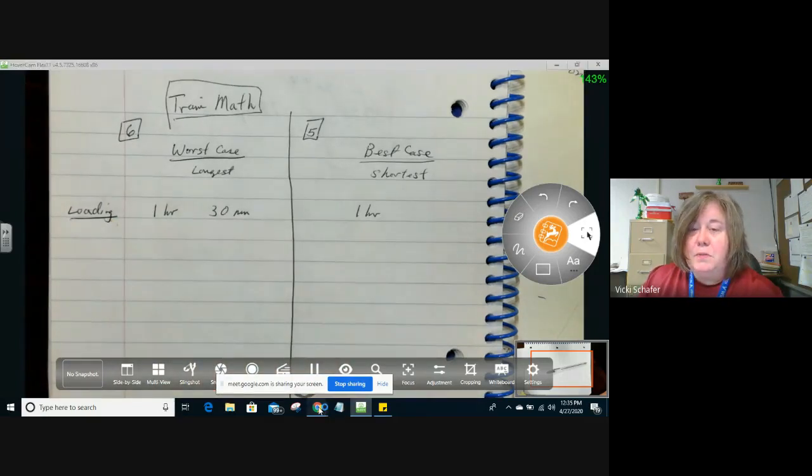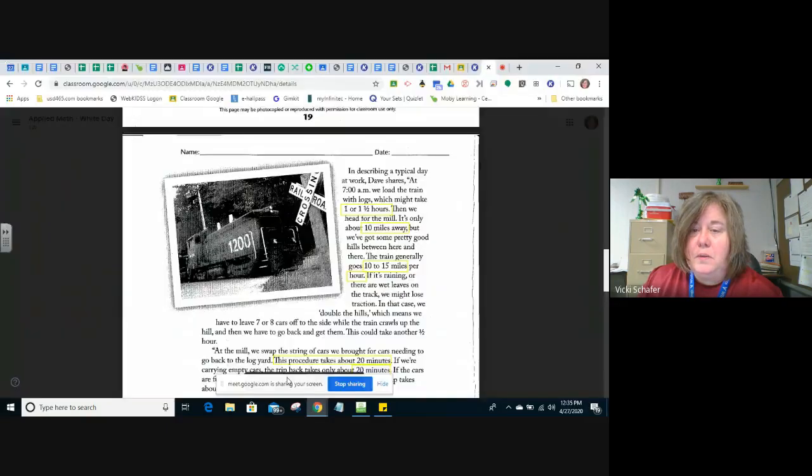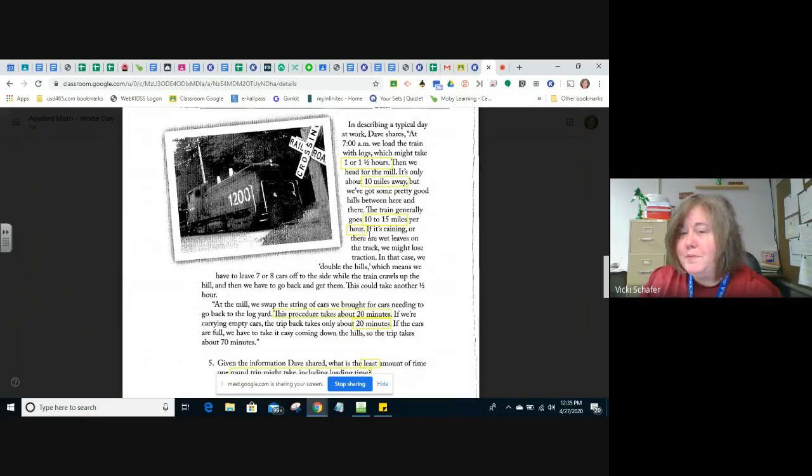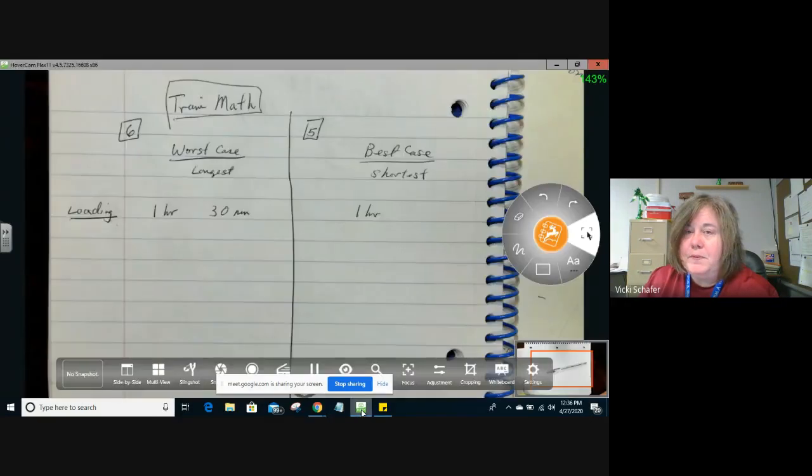All right, let's go back to our problem. Okay, then we head for the mill. It's only about 10 miles away, but we've got some pretty good hills between here and there. The train generally goes 10 to 15 miles per hour. So, looking at our paper, when the train goes 10 to 15 miles an hour, which one's going to be slowest, the 10 or the 15?